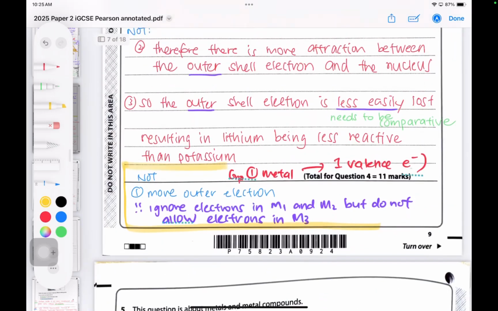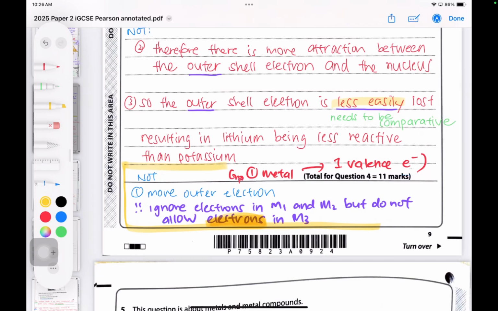You will not score the 3rd mark if you put electrons. Basically, you're not supposed to put the plural form because there's only 1 valence electron in the last shell. So if you put the word electrons with the S, unfortunately you will not get your 3rd mark, because there's only 1 electron that is being given away. So take note, there is only 1 valence electron.